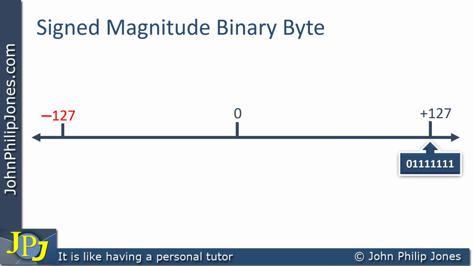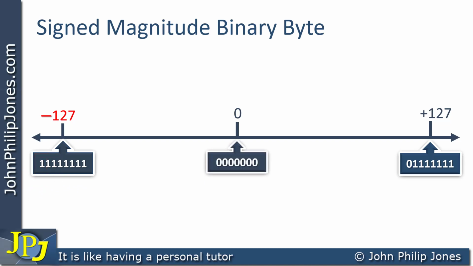And if we have a look at minus 127, it's shown here. There's the magnitude of 127, and this is the sign bit, meaning negative. If we now consider the 0, well, we can represent the 0 with 8 zeros, as you can see here. But we also have found that we can represent the 0 as shown here, and it's clear that you've got a sign bit here which is negative. So the 0 can be represented by plus 0 and minus 0.